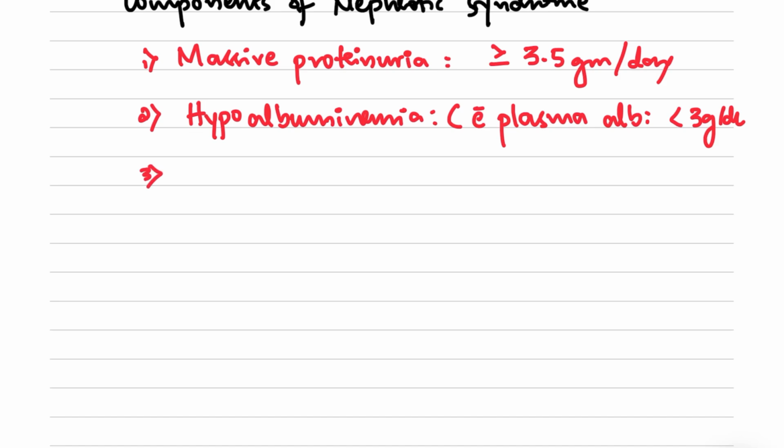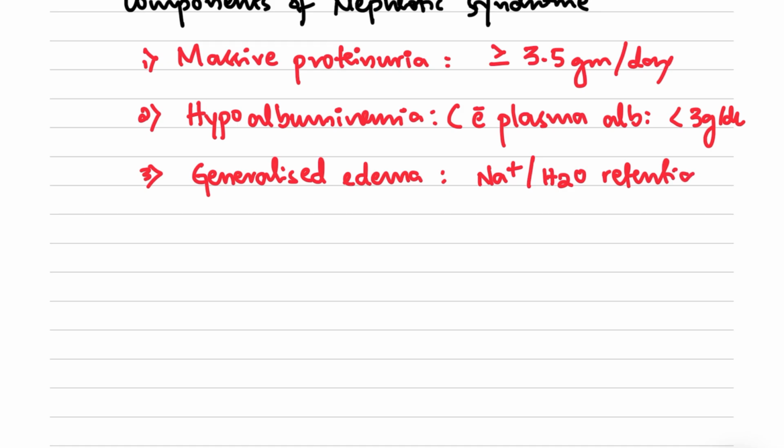The third component is generalized edema of the patient. This will be mainly due to sodium and water retention, along with hypoalbuminemia, which leads to reduced oncotic pressure and pulling of the water.